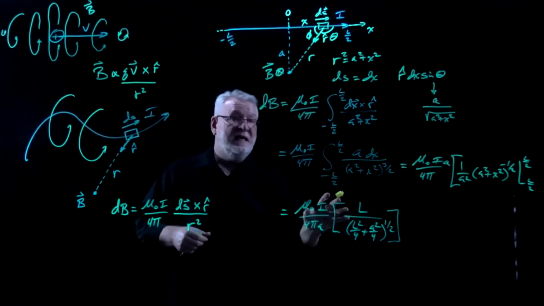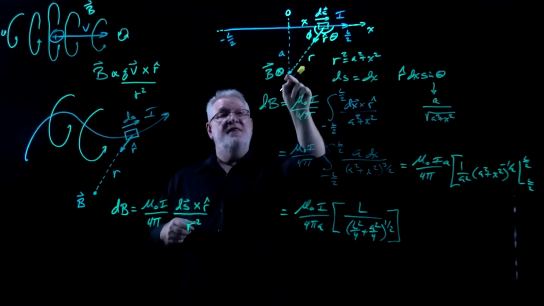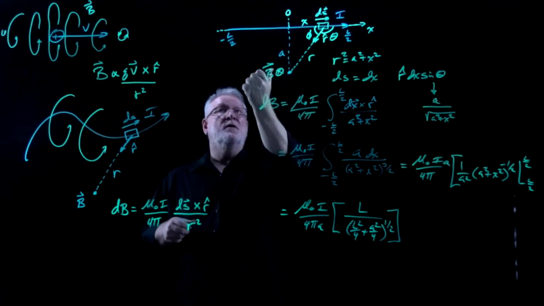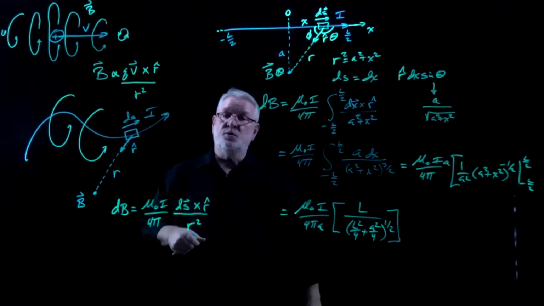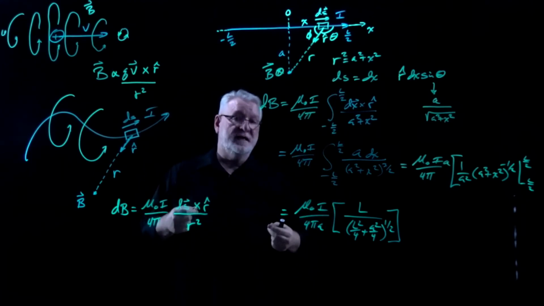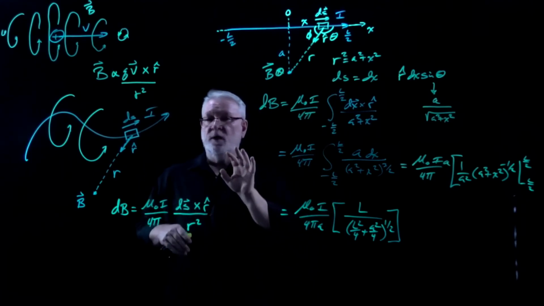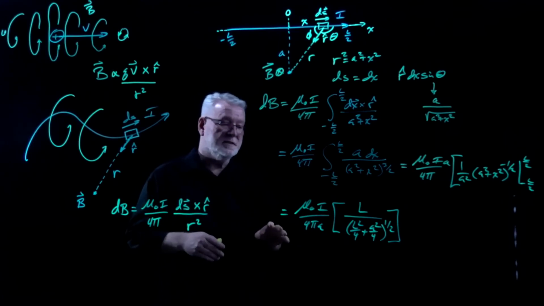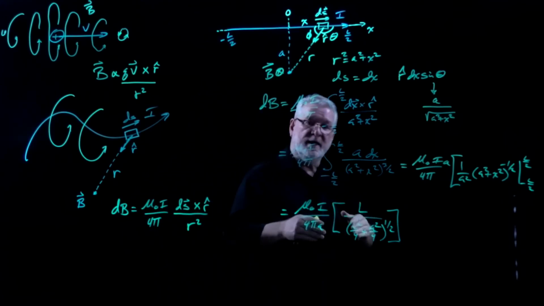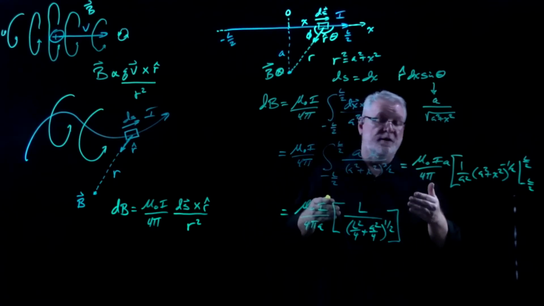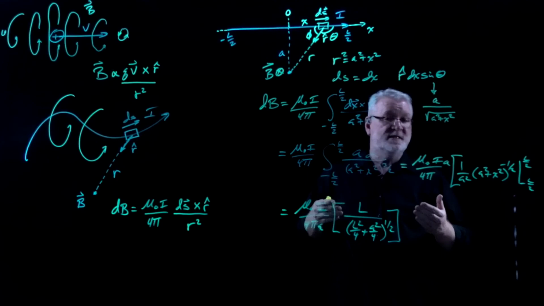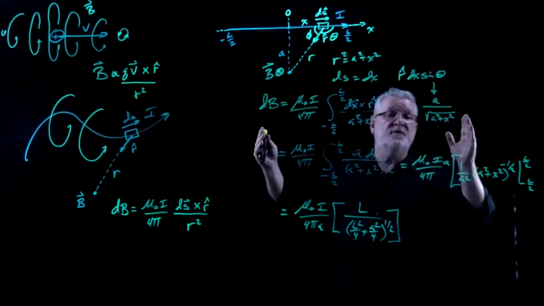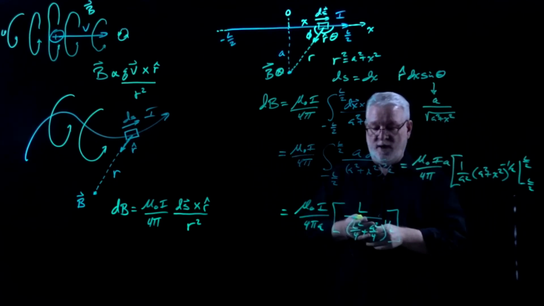And that is the magnetic field at this location going into the board for a current that runs in this direction between L over 2 and negative L over 2. That is if the wire's length is L. But what's far more interesting to us is what happens as the wire gets longer and longer and longer. That is, we really want to know the magnetic field of an infinite wire, or at least semi-infinite, so long that we don't have to worry about the ends because they're so far away.